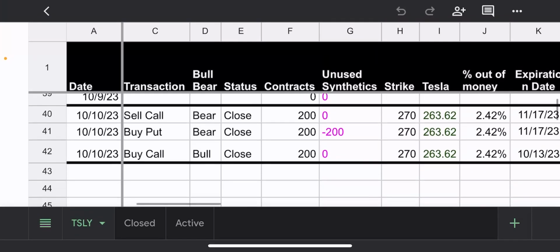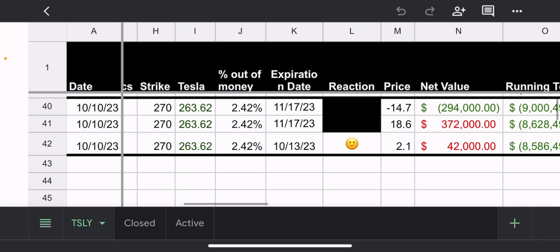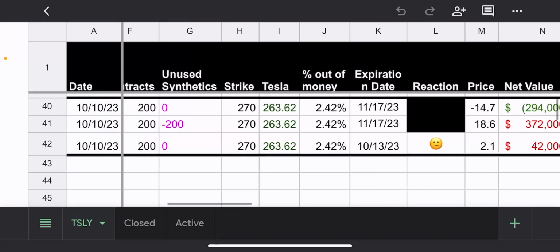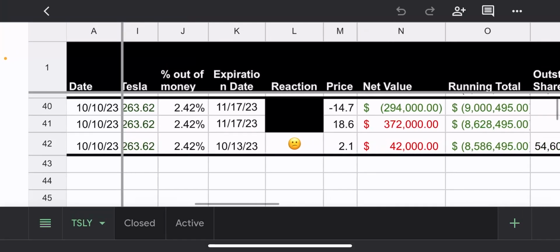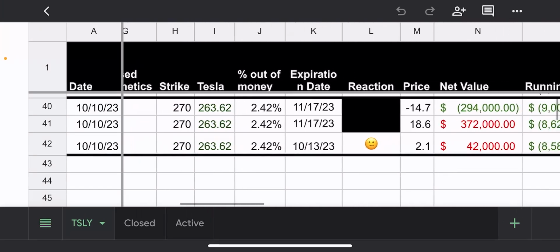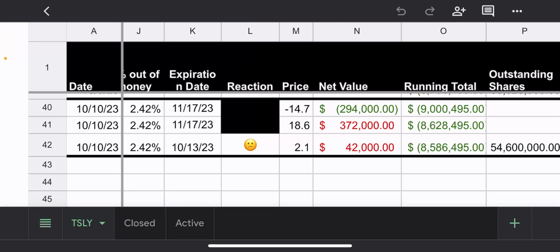I know everyone loves the proper terminology, but I'm trying to speak English here, common folk language, right? So we got a credit for the sell call and a debit for the buy put. And then we also got a debit to buy the call back. So long story short, we lost money yesterday because we had to put 200 contracts back, right?